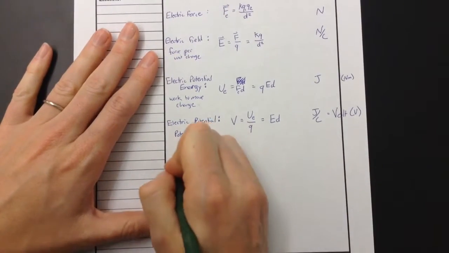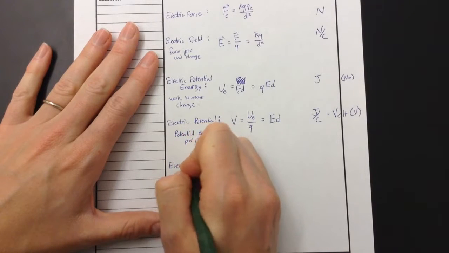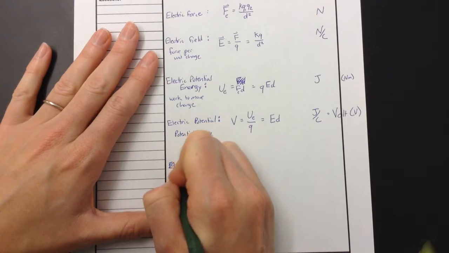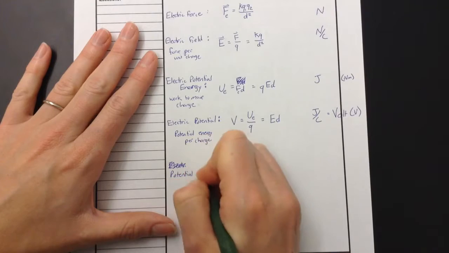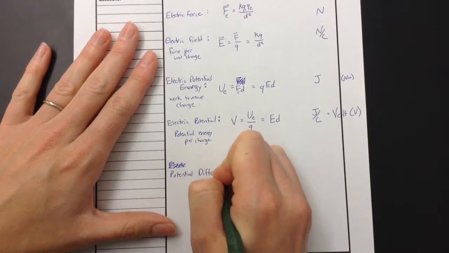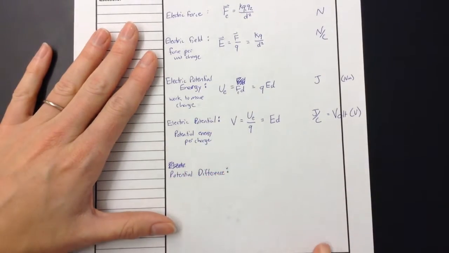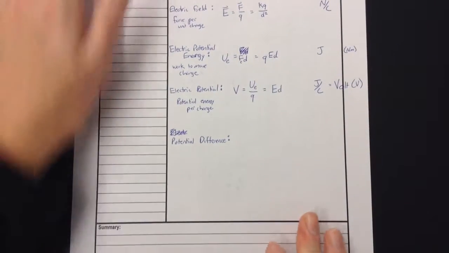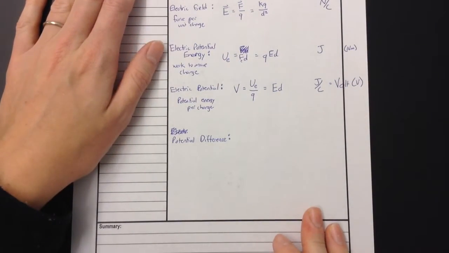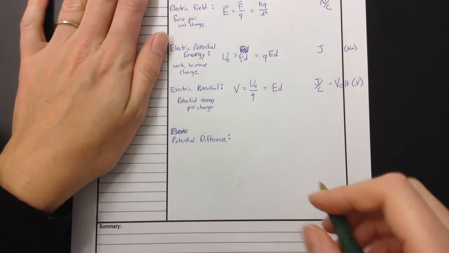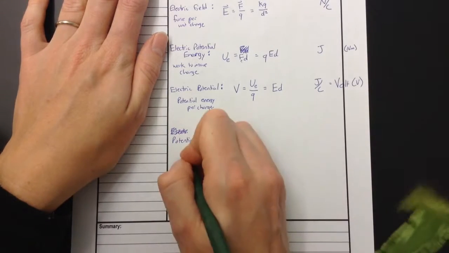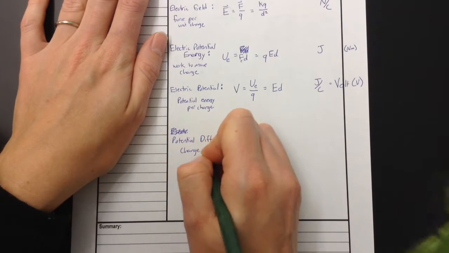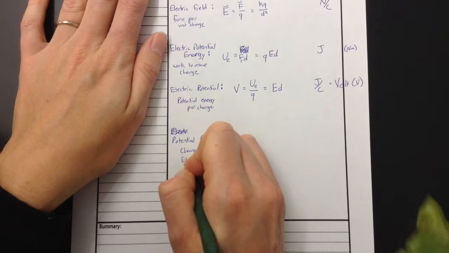The next annoying thing is potential difference. The potential difference is kind of our lead-in to current electricity, because potential difference matters when we're talking about those charges moving around. We've been talking about them not moving. Potential difference is the change in electric potential.